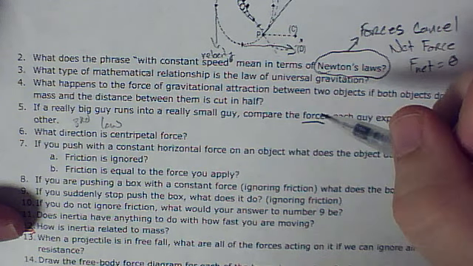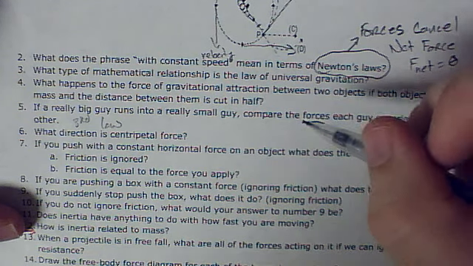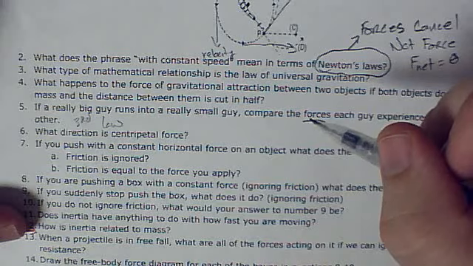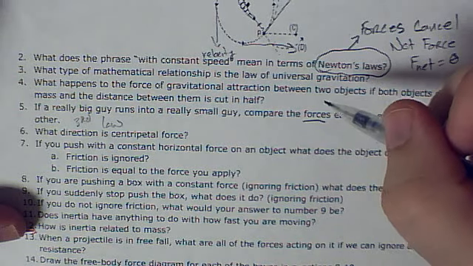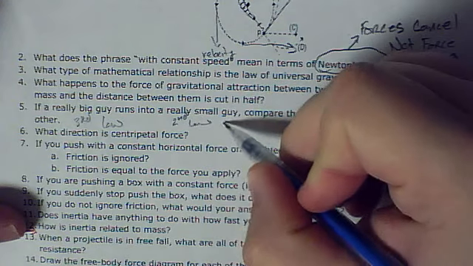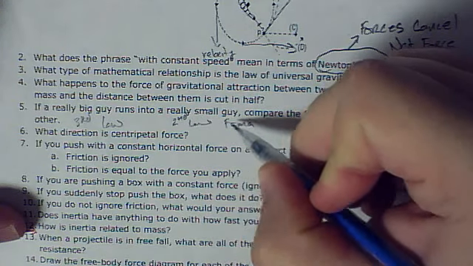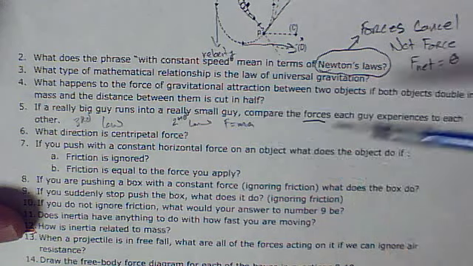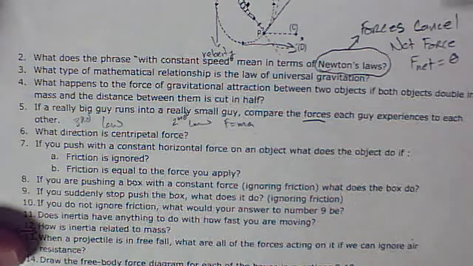The little guy, because he has less mass, is going to experience a greater acceleration, and that's because of Newton's second law equation, F equals ma. The forces are the same, but the masses are different, so therefore their accelerations will be different also.